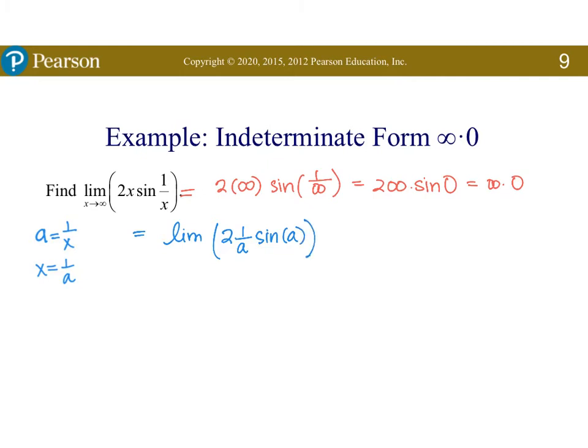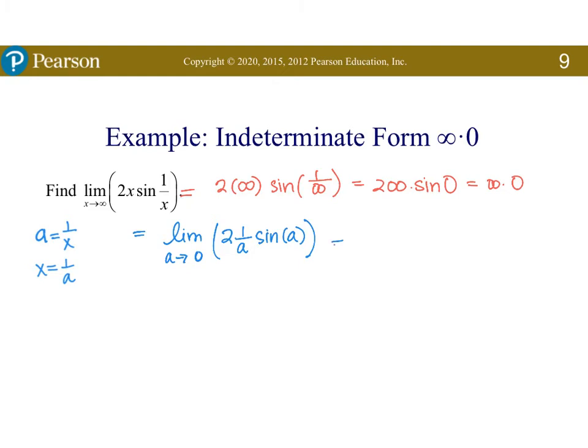And now the approaching part. If x is replaced with 1 over a, then x approaching infinity is replaced with a approaching the reciprocal of infinity, which is 0. So I just replaced all of my x variables and I replaced the approaching value.